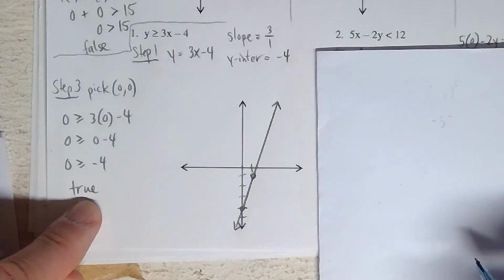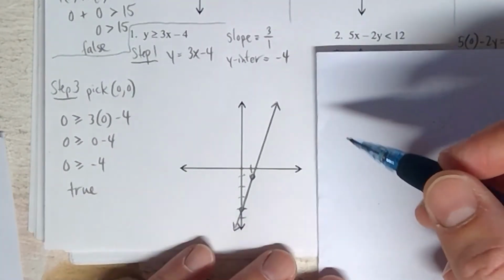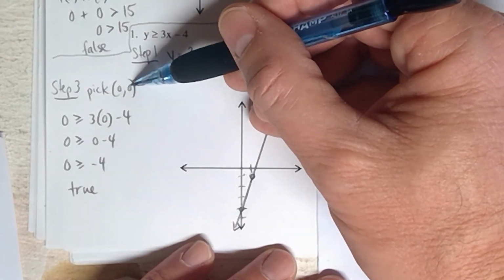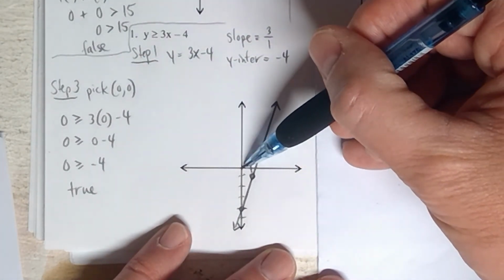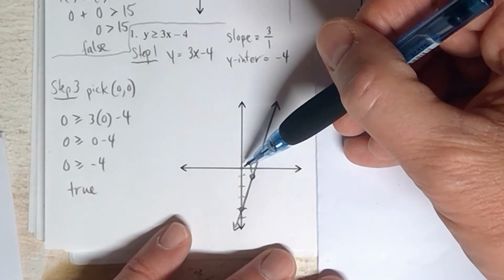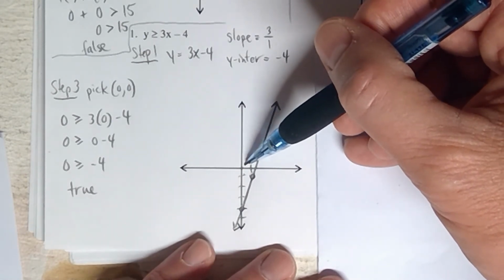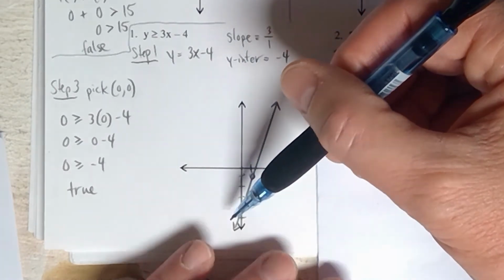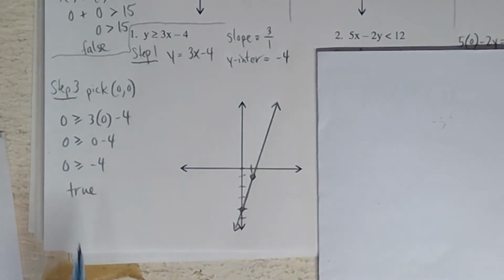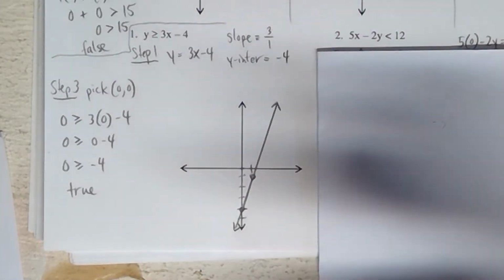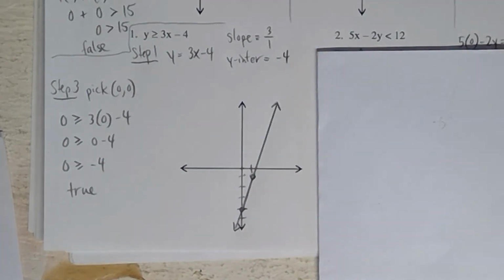So I said true. What does this mean, though, as far as the shading? It means that since the point that I'm testing is on the left of the line, and since it ended up being true, then that must be the true side. Therefore, remember, when you get a true answer on the test point, you shade the same side that your test point is on, because that's the true side.